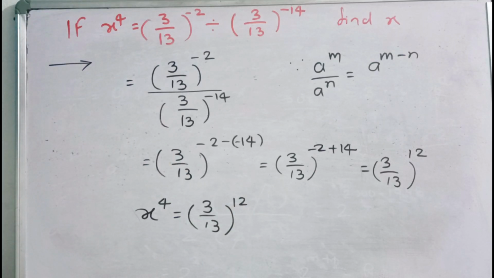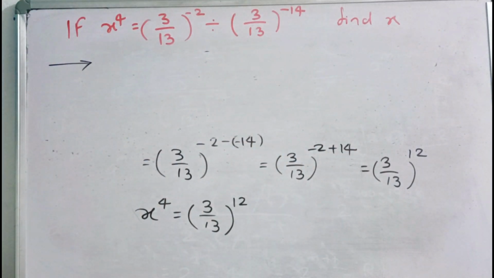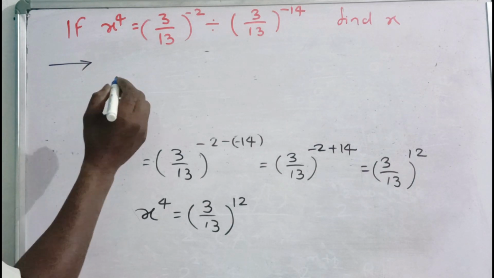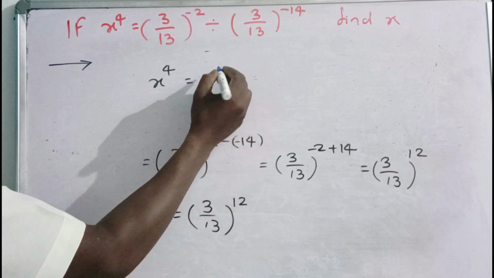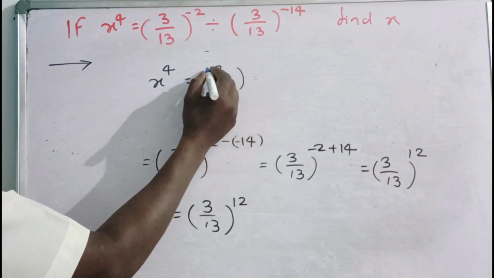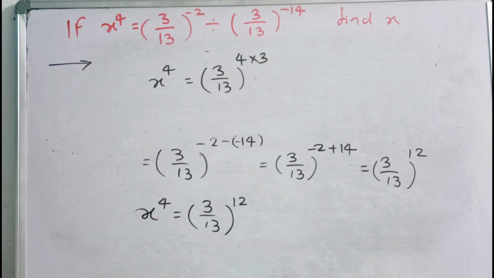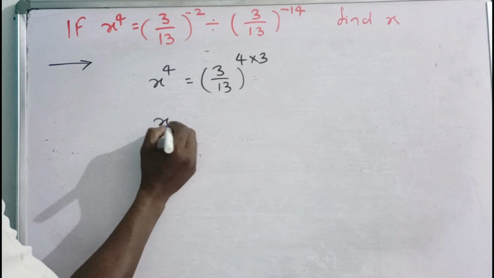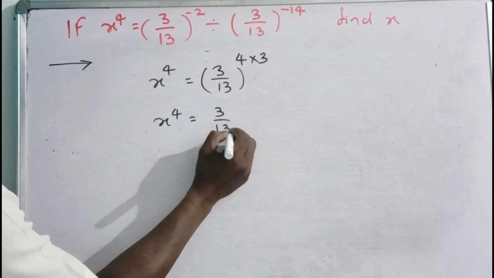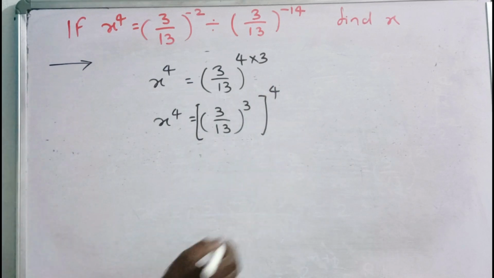We want to find out the value of x. Then we should take the fourth root on both sides. x raised to the power 4 is equal to 3 by 13 raised to the power 4 into 3, that is 12. Now x raised to the power 4 is equal to 3 by 13 raised to the power 3 raised to the power 4.